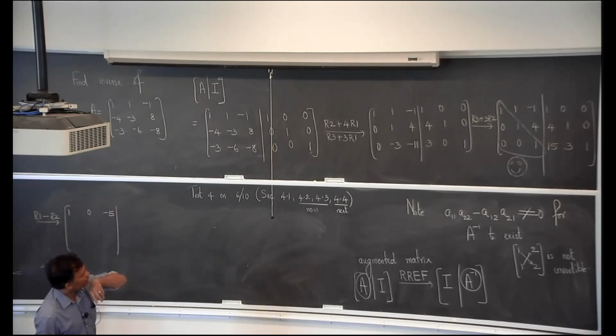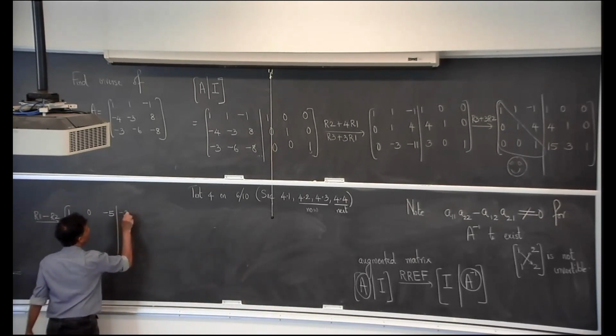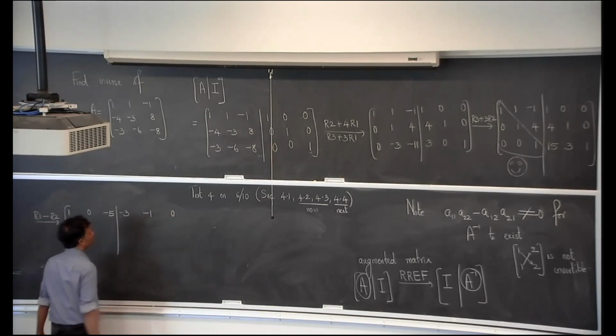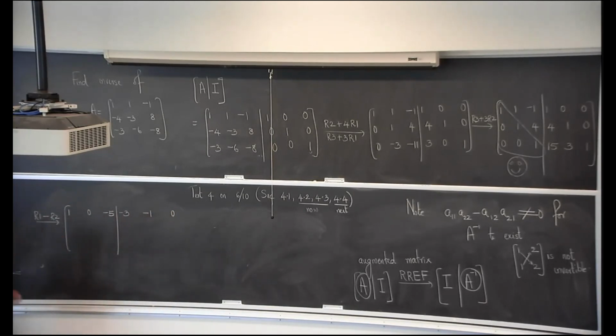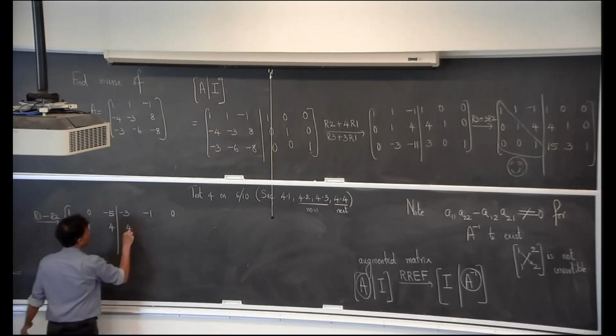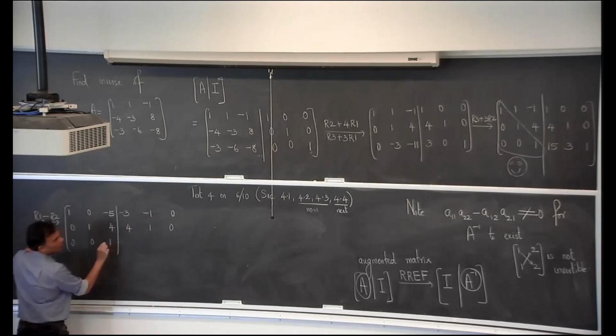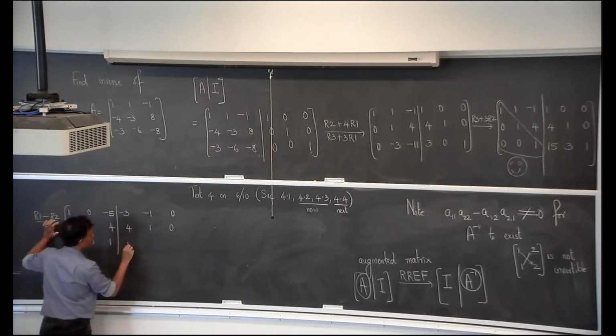And you have negative 3, negative 1, 0. And we did not change anything else. 0, 1, 4, 4, 1, 0. I've been writing this 4, 1, 0 for a while now. 0, 0, 1, 15, 3, 1.